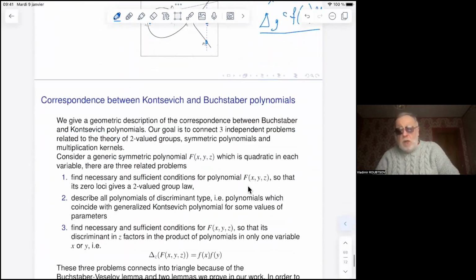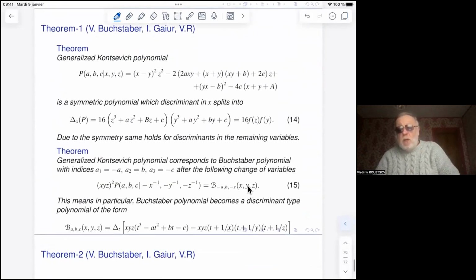Namely, with Ilya and Buchstaber, we proved the following theorem.